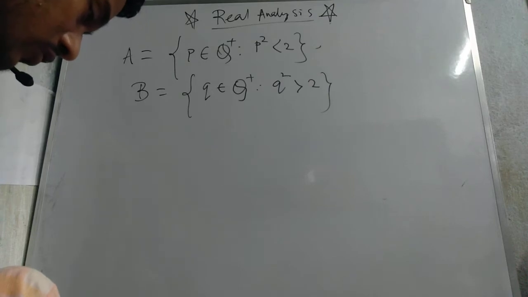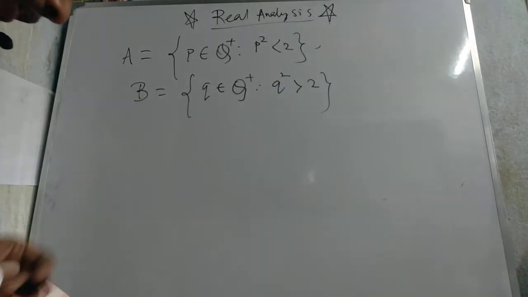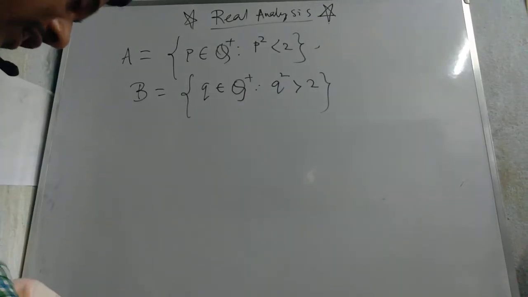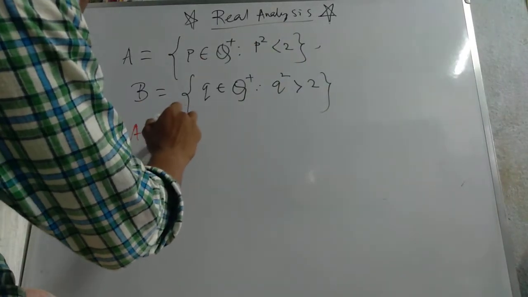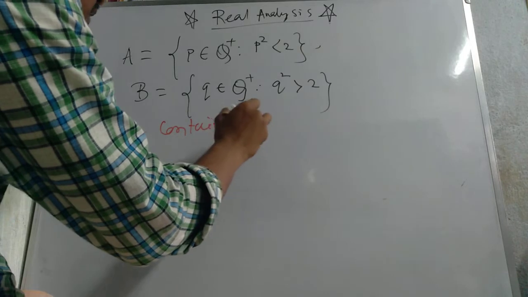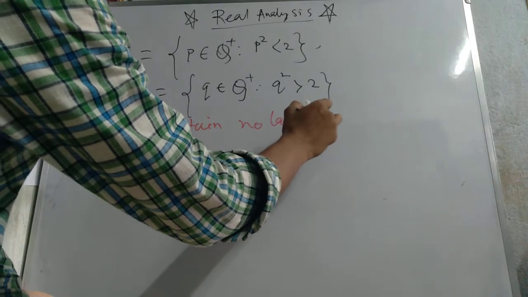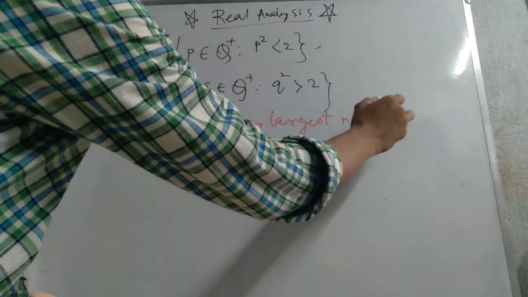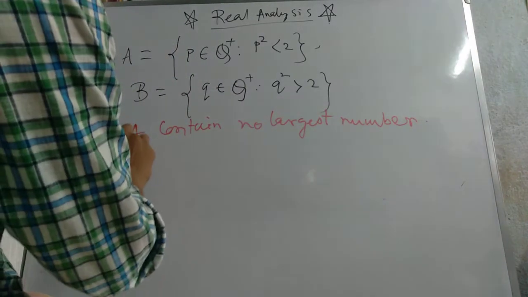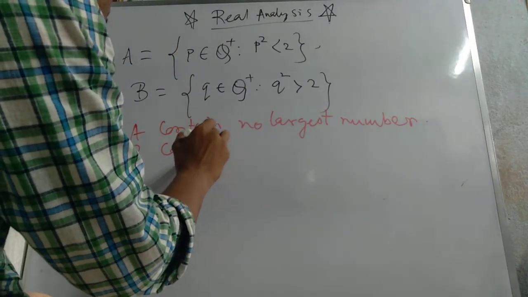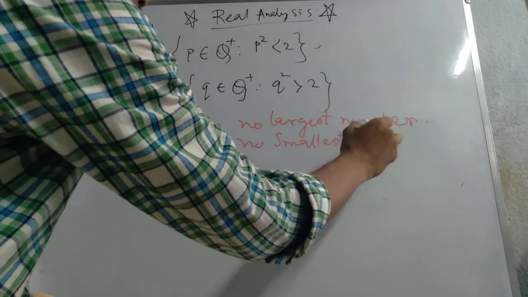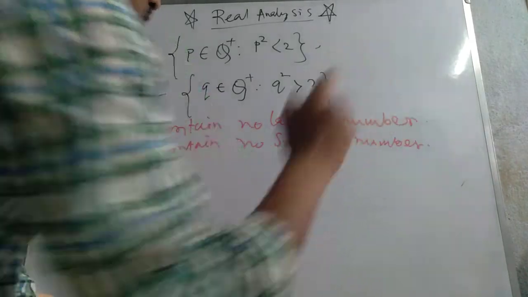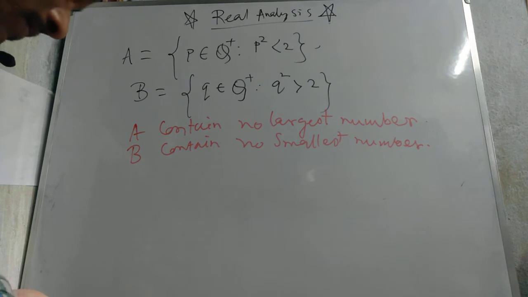First, what we have done is: A contains no largest number, and B contains no smallest number. How do we do this? We do this simply.